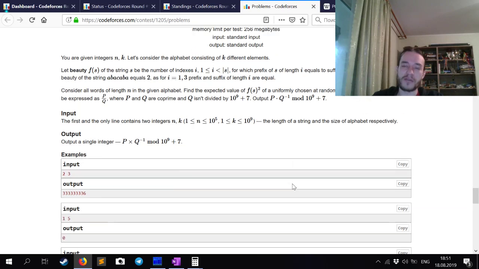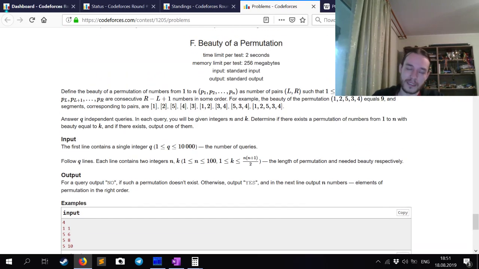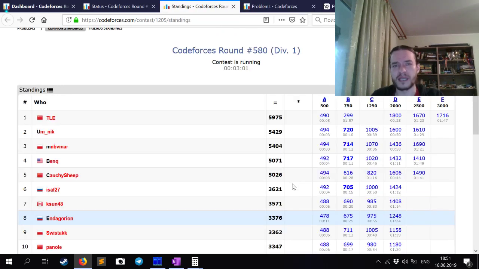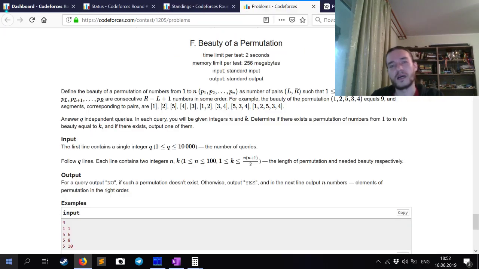And then in problem F, well, if I had read this from the start, I probably had better chances to get this problem done, because I've set a few problems based on this structure of consecutive subsegments.